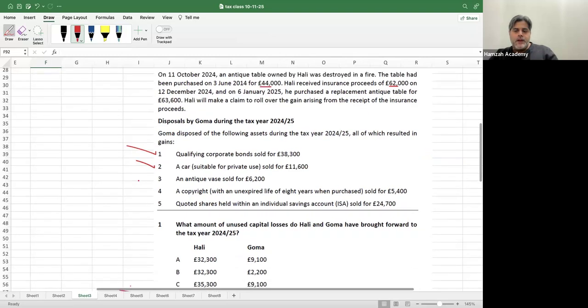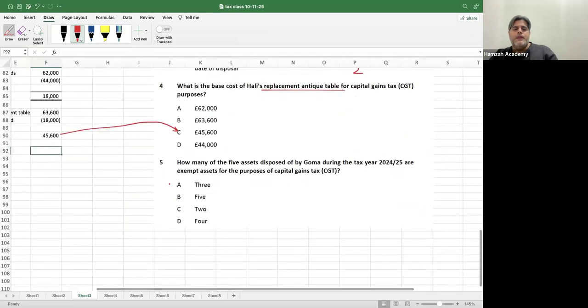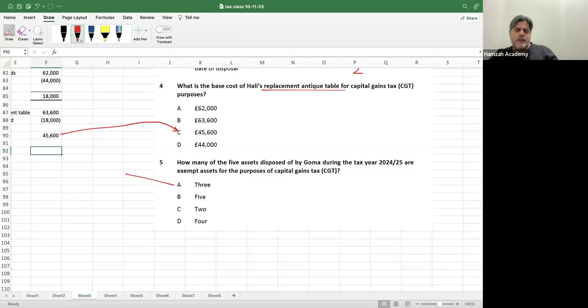And then the antique vase is going to be taxable. Copyright, taxable, quoted shares. So three, I can say. Three investments are something that we can have over here, which are going to be exempt as far as the exempt asset disposal is concerned, right?